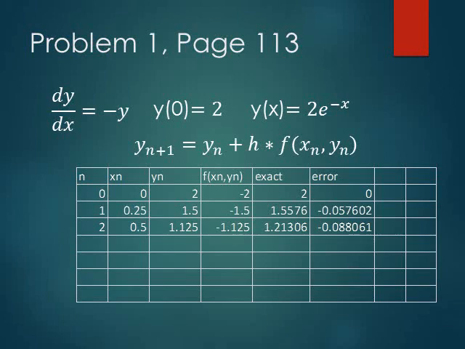And then I multiply that times h and add it to here, and I get this value. And so I can just keep going. But now my error has increased. Now it's a little bit larger, and that's the problem with Euler's method. If your slope changes drastically, you have to decrease the step size h.